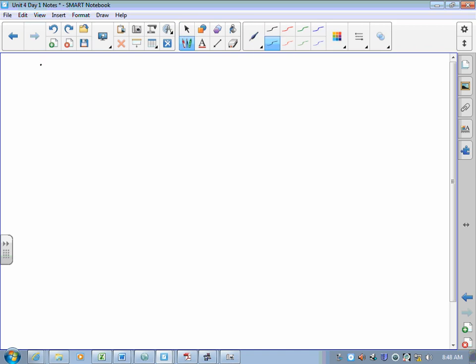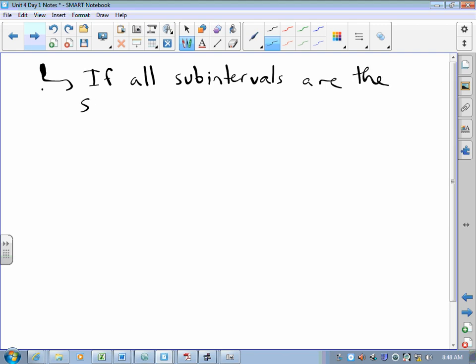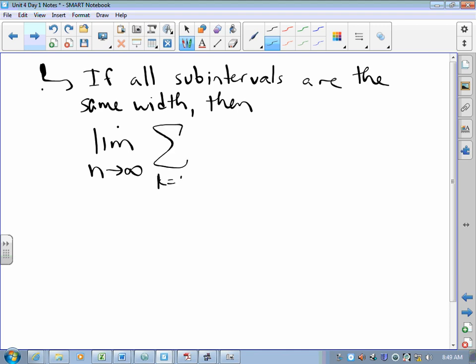By the way, side note, if all the subintervals are the same width, then you've got the limit as n approaches infinity of a sum of infinitely many areas, each of which is the area of a rectangle.